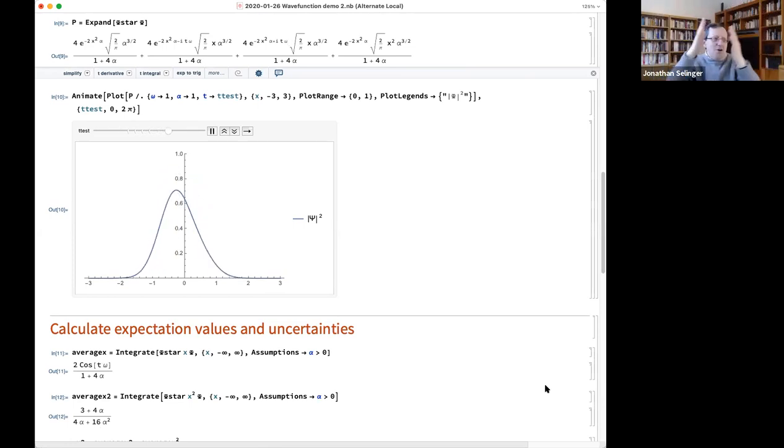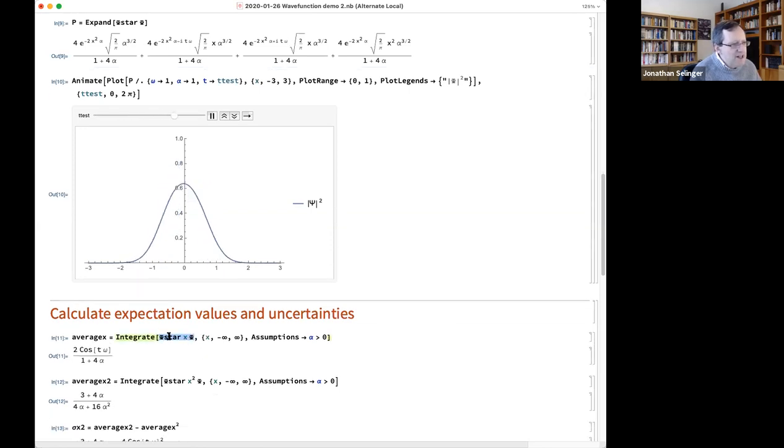Okay, so we can now calculate averages of things, and the averages will have to depend on time, right? Or I could calculate, like, what's the probability that X is between 1 and 2, and that probability will depend on time. Okay. So here, let's calculate the average of X. I'll integrate the sandwich, psi star times X times psi, for X from minus infinity to infinity.